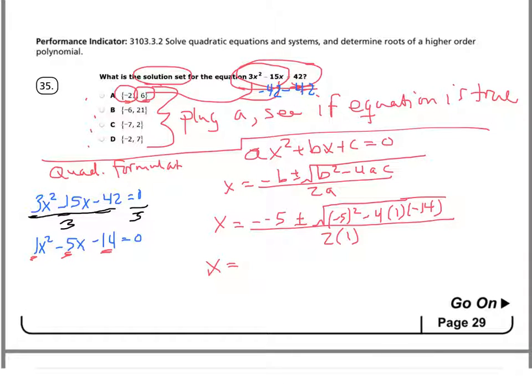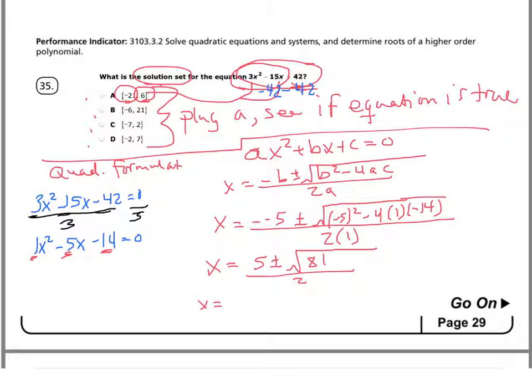So simplifying that, I get 5 plus or minus the square root of, and I'm just going to go ahead and plug in that stuff that's underneath the square root into my calculator. Okay, so we get 81 underneath the square root, all divided by 2.